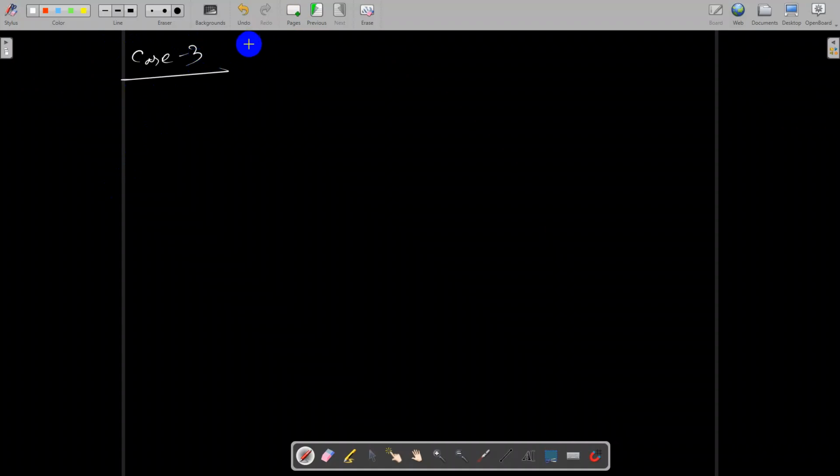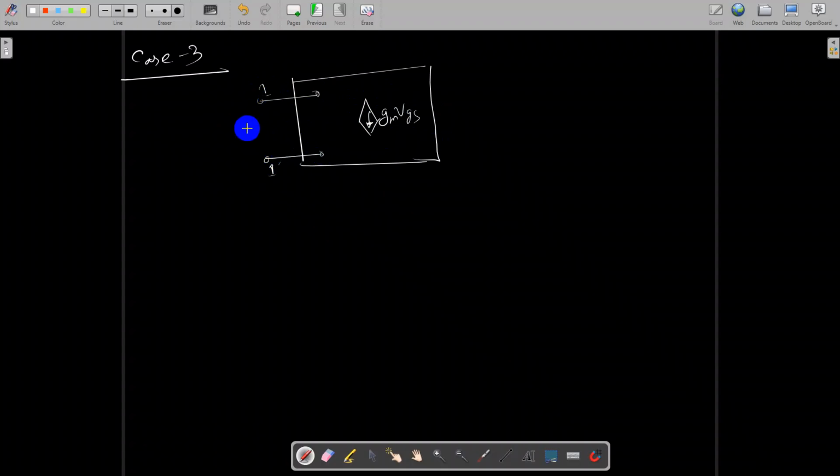Case 3. We are talking about the small signal model. So now I am drawing the two-port again. Here is my controlled current source, which is GMVGS, or I can say GM times V1 1 prime for port 1, which is nothing but VGS.